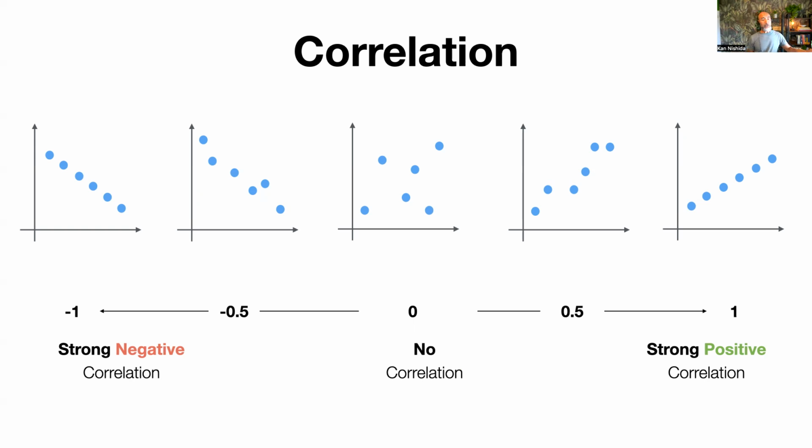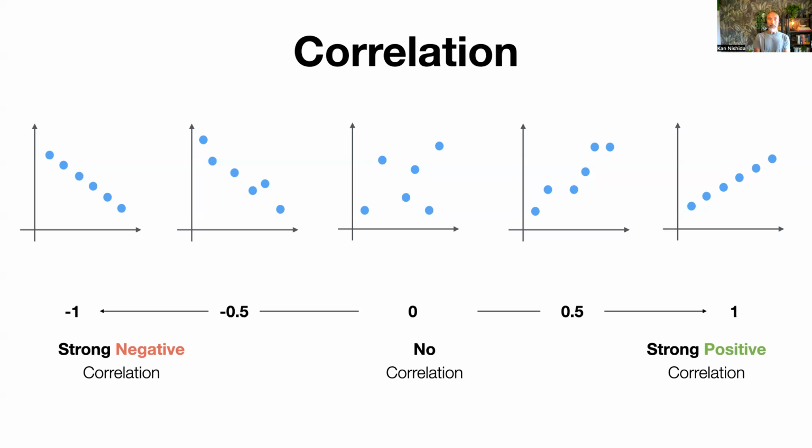And the left-hand side, the strongest negative correlation, which is -1, is the opposite. If the value in one variable goes up, then you can expect the other variable's value to go down. So it moves the opposite way. That's a negative correlation.